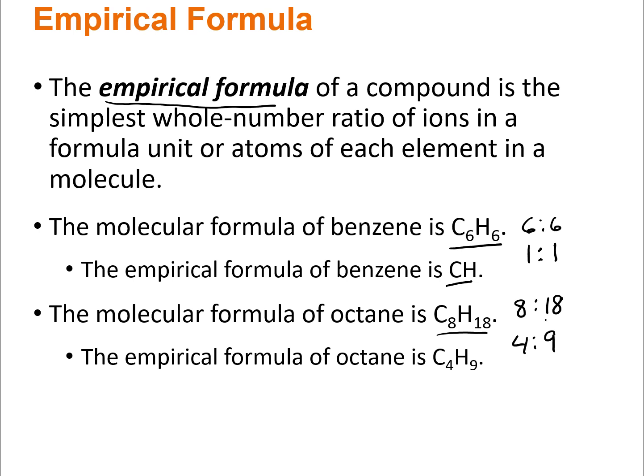Both of these numbers you can divide by 2 and get 4 to 9. That is as simple as you can go. So that is the empirical formula. You can make compounds that are multiples of this empirical formula. But like I said, it'll make a little bit more sense when we put it in the context of a problem. So let me go forward and show you a problem, and then we can address the questions that we have after that.